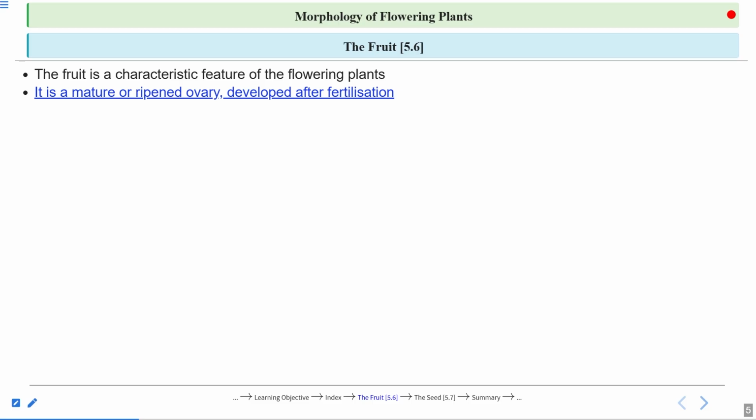That only happens after fertilization. Slowly the ovary matures and ripens, and that gives you the form of a fruit.